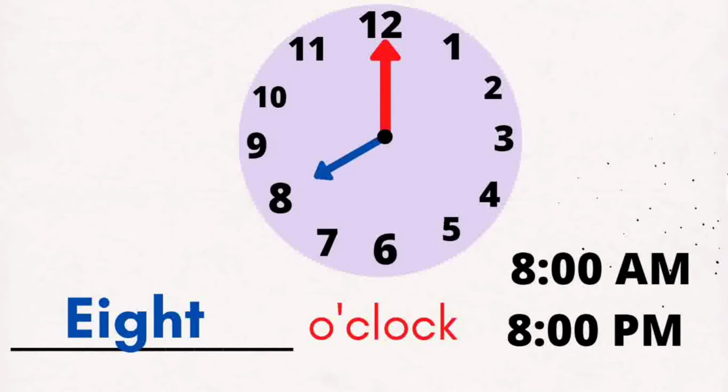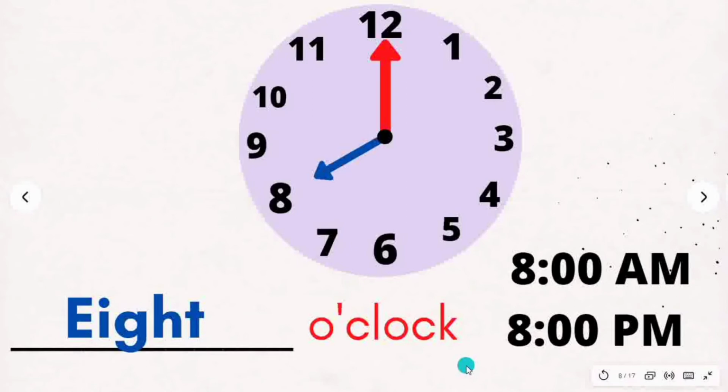Next example. 8 o'clock. 8 is because the short hand is showing number 8. Very good. And then o'clock because the long hand is showing number 12. So it becomes 8 o'clock. Repeat after me. 8 o'clock.